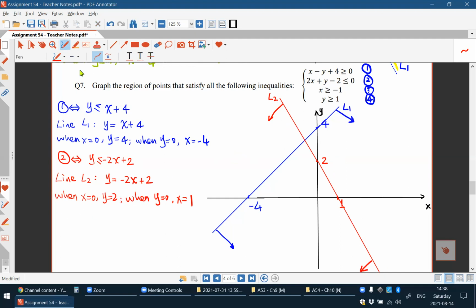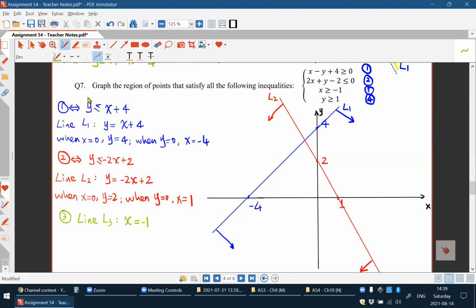Okay. All right. The third inequality says x should be greater than or equal to -1. So the corresponding boundary line L3 is x equals -1, right?